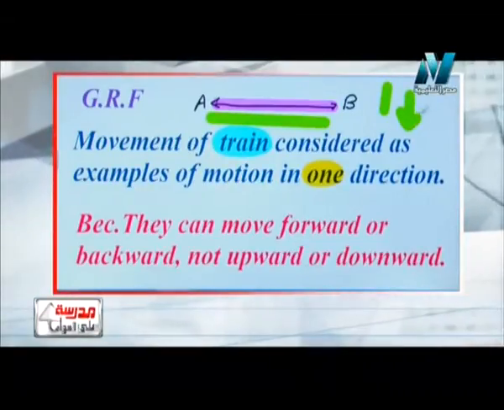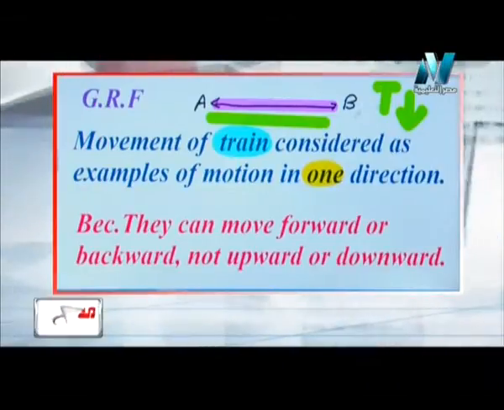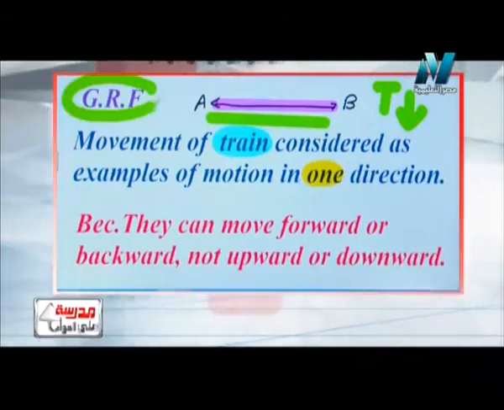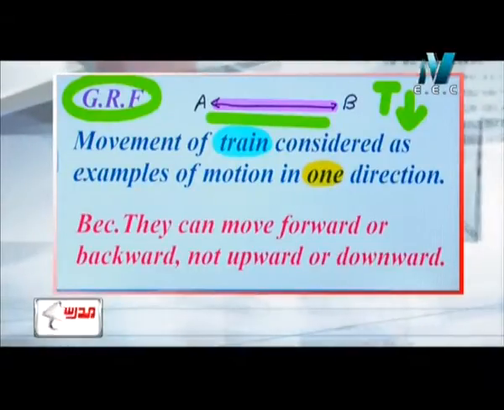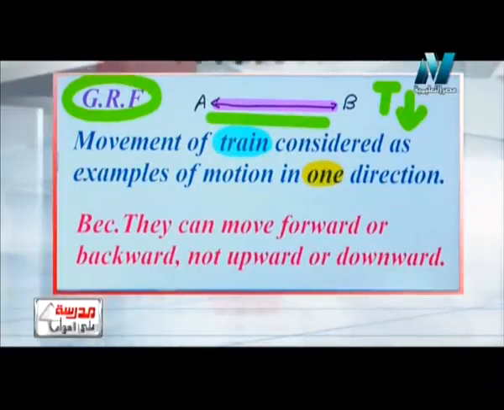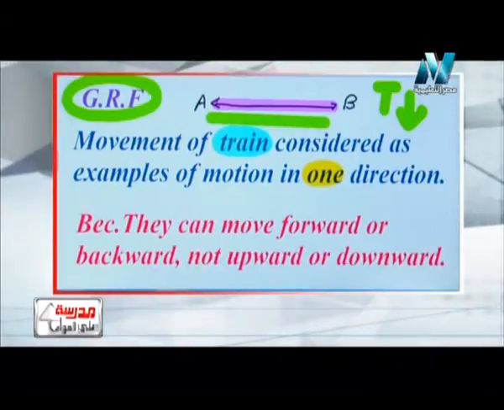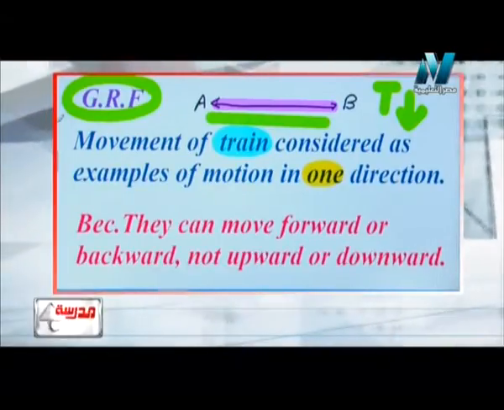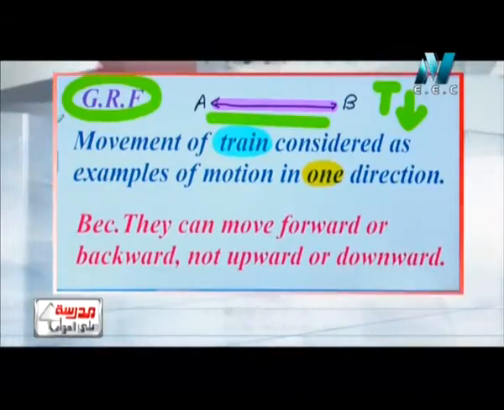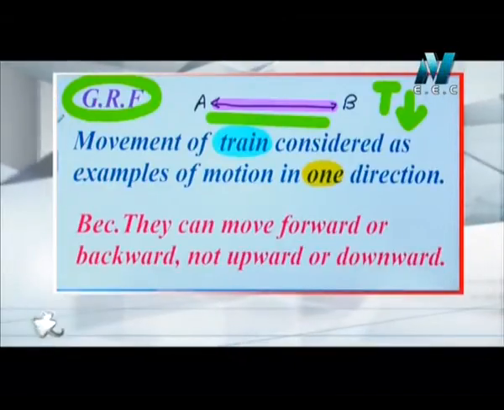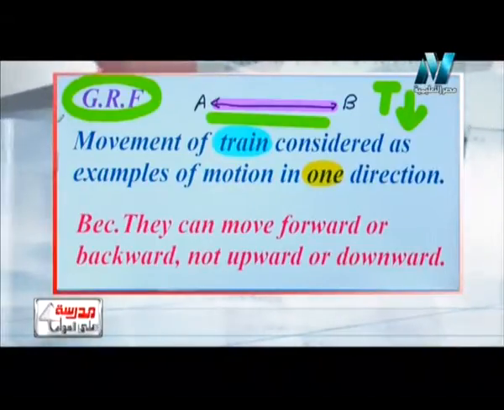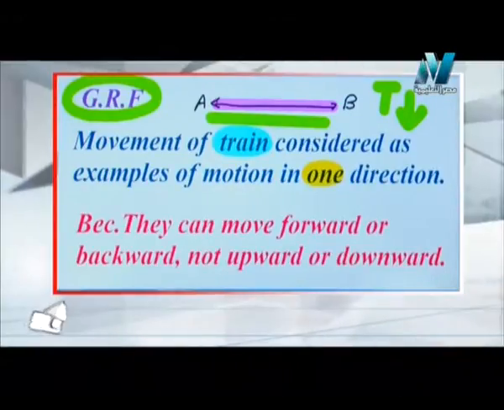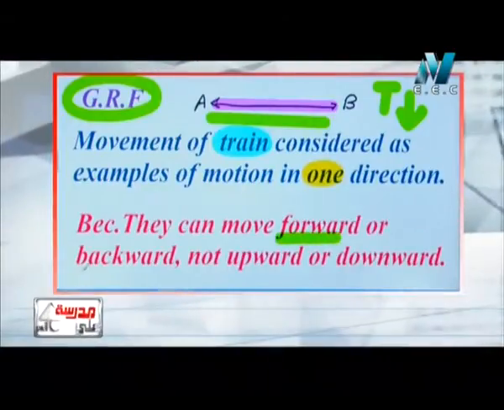It will not move up or down. So here we talk about motion in one direction as the first give reason in our syllabus this year. So when it comes to talking about the motion or movement of any object in one direction, as you see here, it talks about the movement of a train considered as an example of motion in one direction. We talk about motion forward or backward.